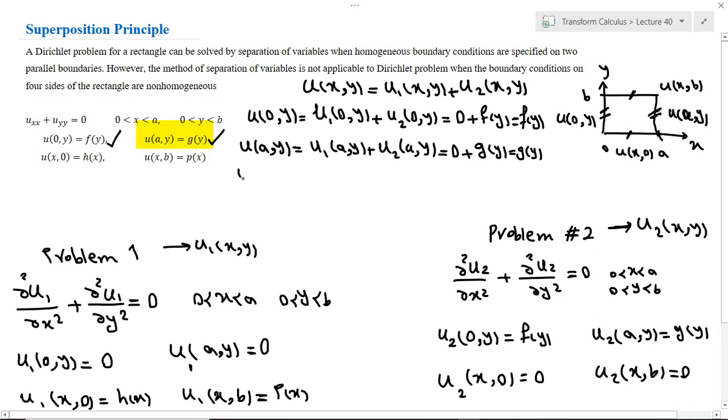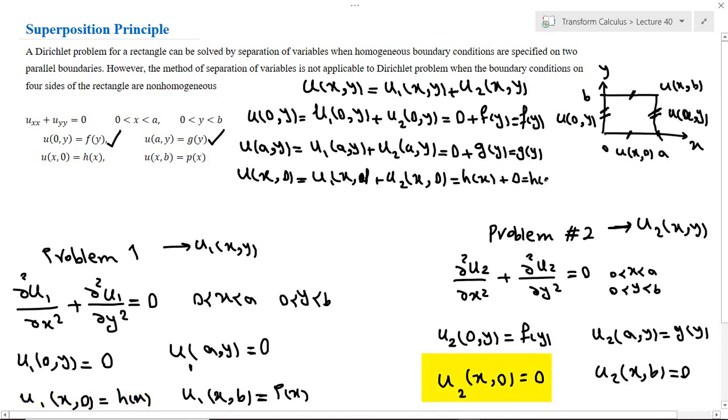The third one says that u of x and 0 is equal to u1 of x and 0 plus u2 of x and 0. u1 of x and 0 is equal to h of x, and u2 of x and 0 is equal to 0, so it's equal to h of x.